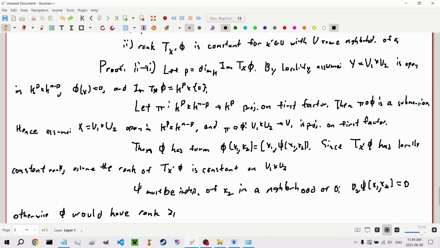It's supposed to be just greater than, not greater than or equal to, at x1 and x2. So we're done by a lemma.